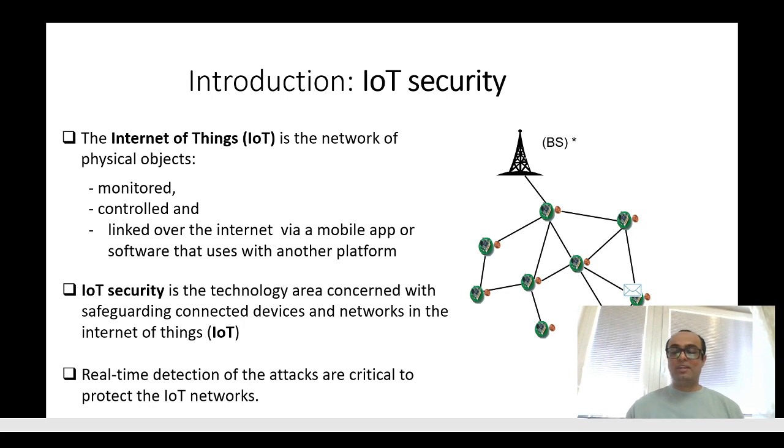During the communication between the different peers in the network, many attacks could appear and could hack many devices and could also insert a lot of forged packets and compromise many nodes. For this reason, real-time detection of attacks is critical to protect IoT networks.